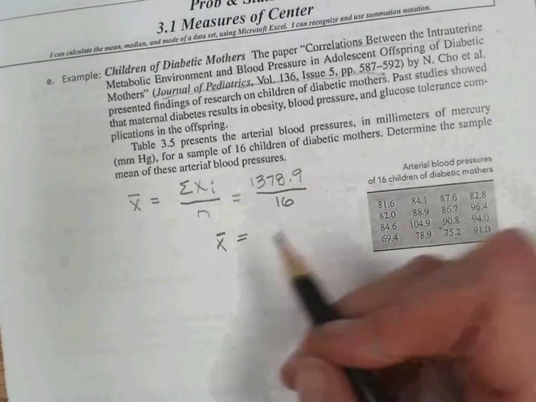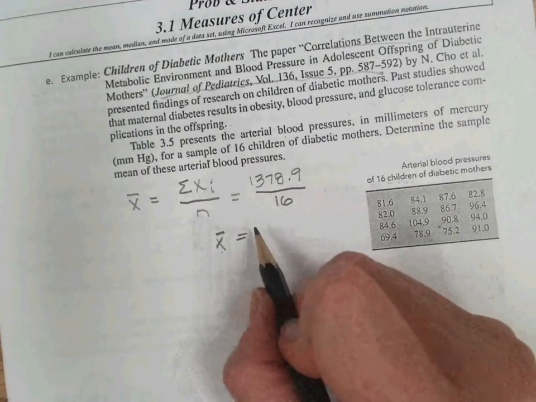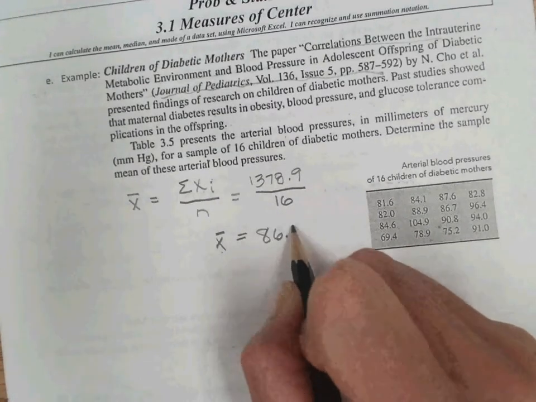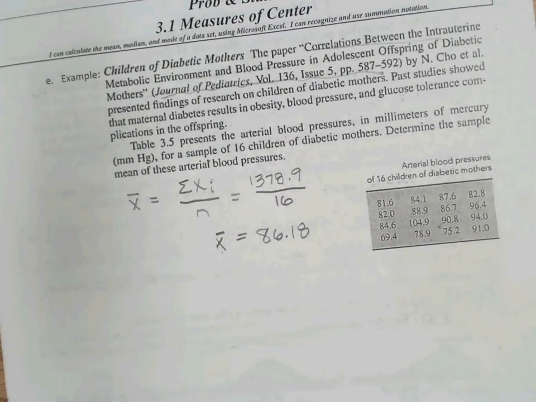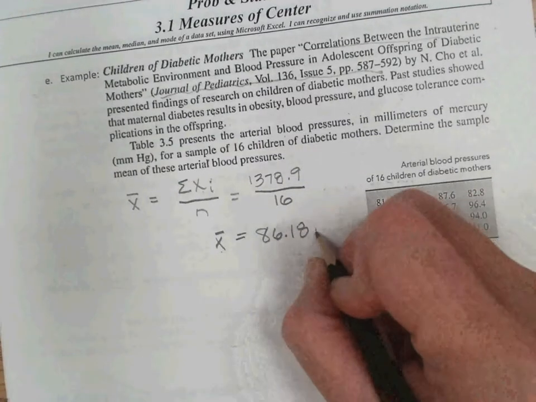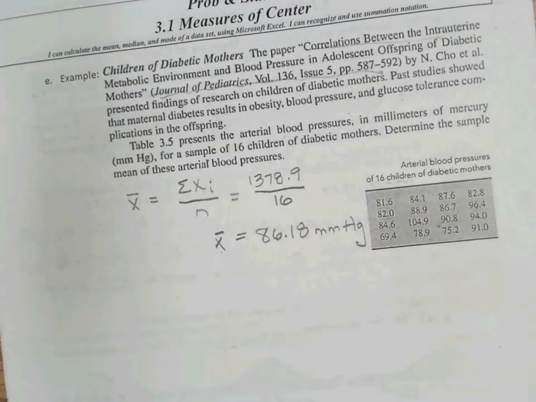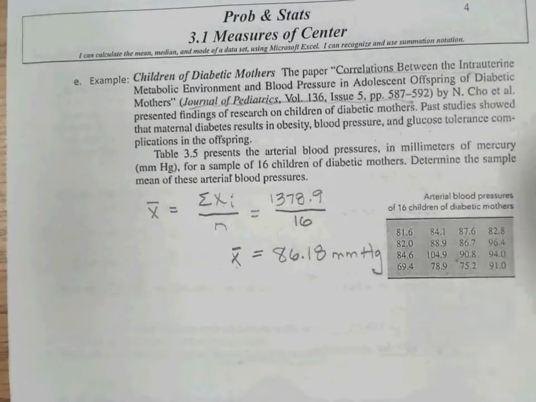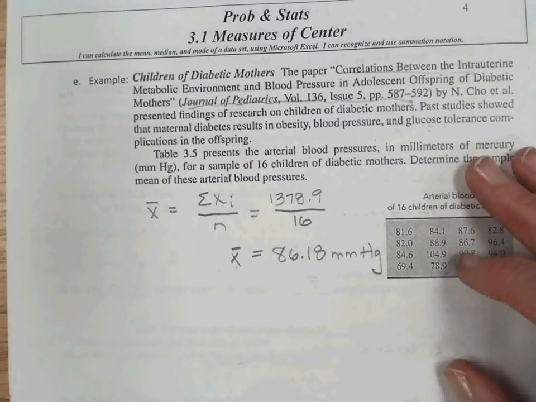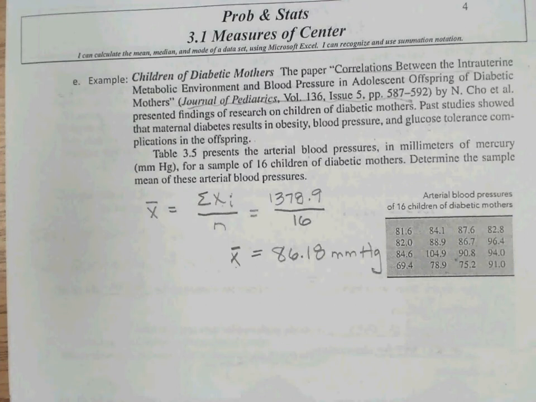And so our X bar, or our sample mean, equals 86.18. So this concludes our notes on measures of center.